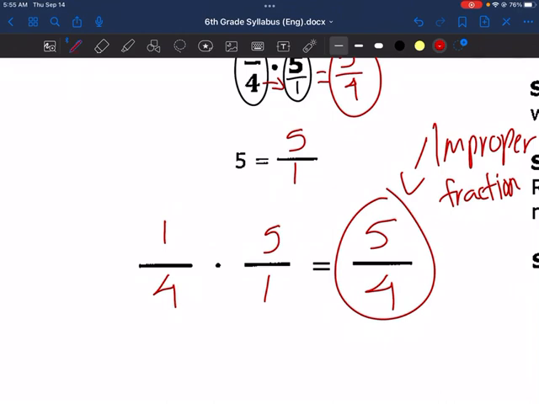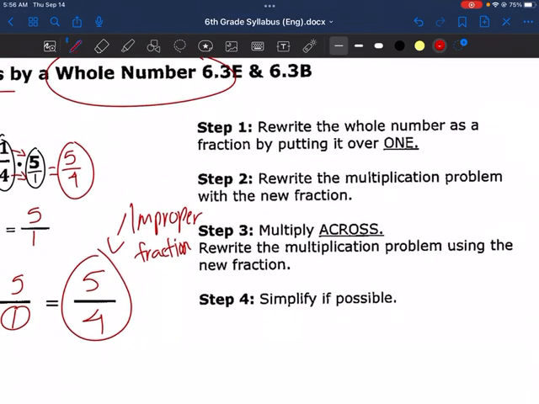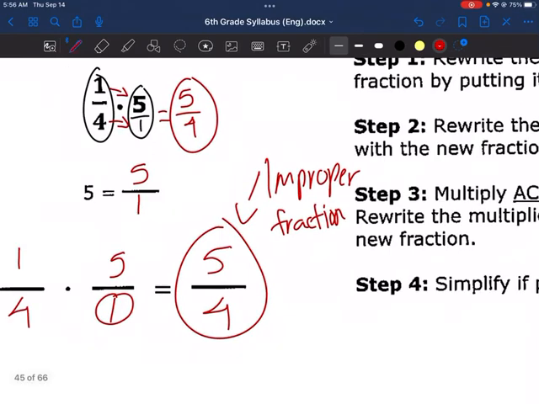But I'm not sure if in this lesson, all they want me to teach is that you multiply across and you just put a 1 over it. We're going to leave it improper because there's no mention of making it proper. Making it proper would be 1 1/4. And I'll explain that later.